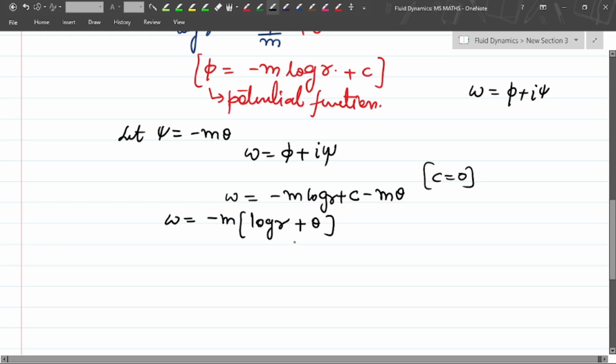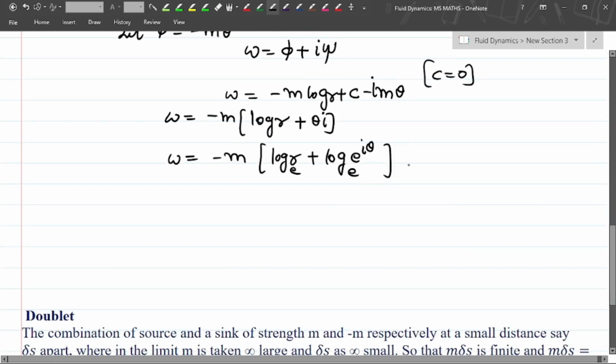Now I can write this as minus m, and of course there is iota here also, so iθ. I can write this as log of r plus log of e to the power iθ, base e obviously. Okay, so this can be written as minus m times log of r e to the power iθ.